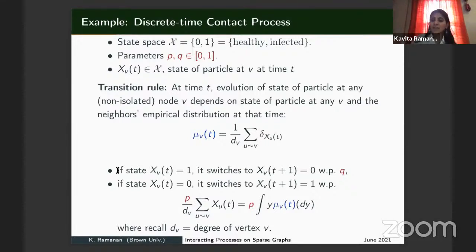But if it is healthy, then it will get infected with a probability that is proportional to the fraction of the neighbors that are infected, not the number, okay? So the fraction, and you can therefore represent this in terms of this. Here I've not put in the noise processes explicitly because these are just Bernoulli with probability p and q, and you don't really need to write that in that form.